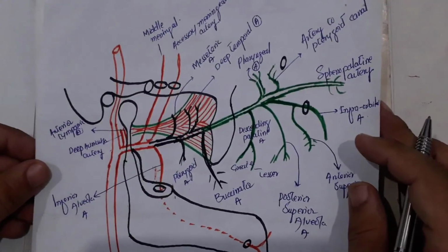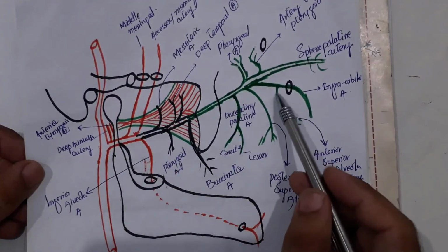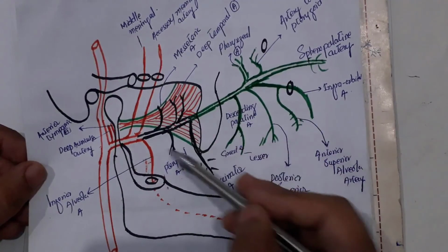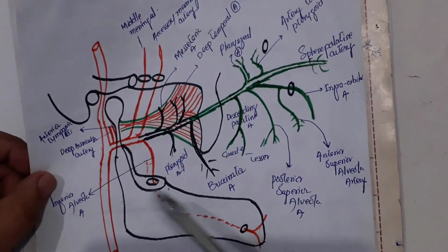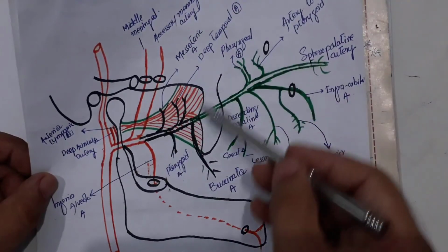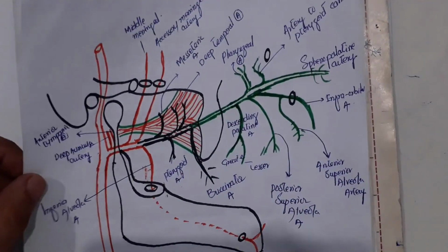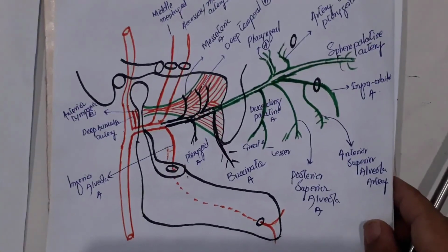I hope you are making sense of this diagram. I have used 3 colors to represent the branches of the maxillary artery in different areas: the mandibular part, the pterygoid part, and the pterygopalatine part.